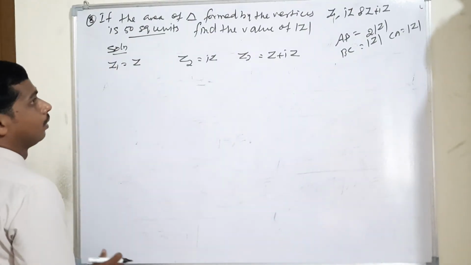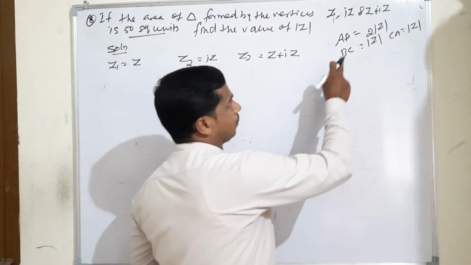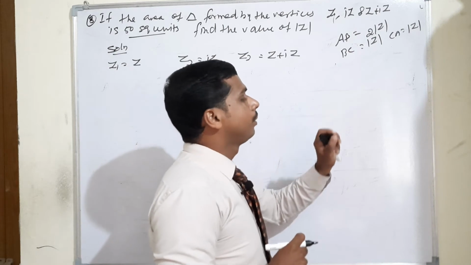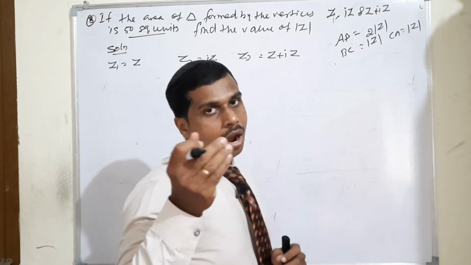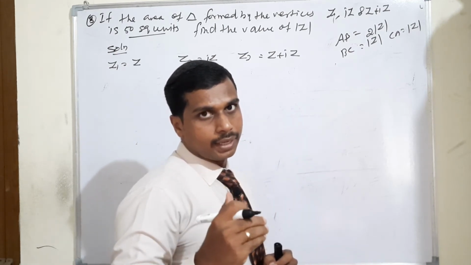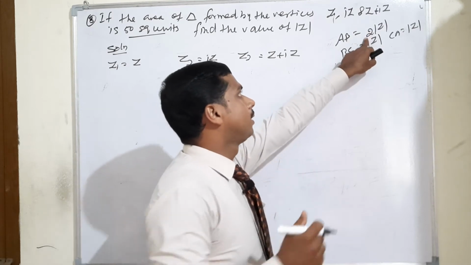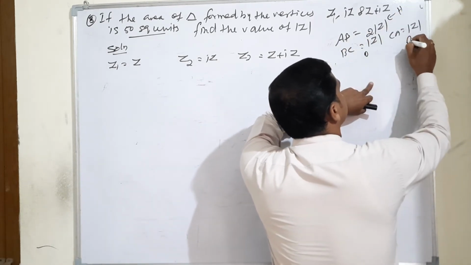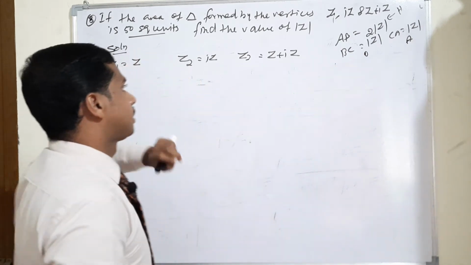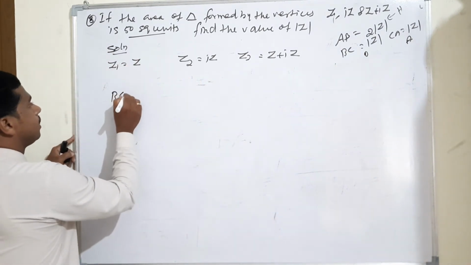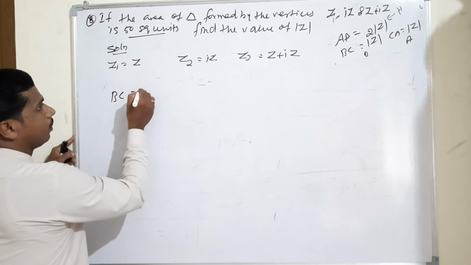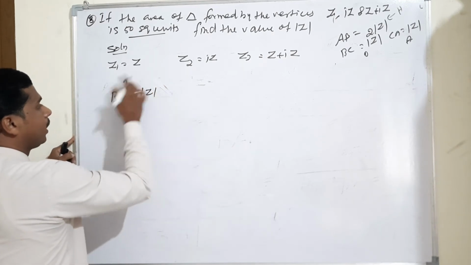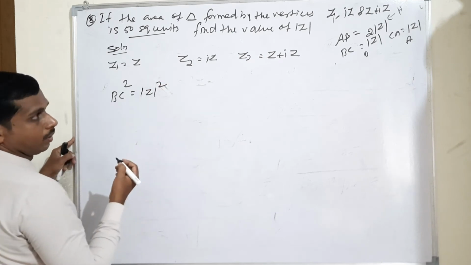So now look there, for a right angle triangle the sum of the squares of any two sides equals the square of the biggest side, the hypotenuse, with one side opposite and another adjacent. So let us check it. BC is equal to mod Z. BC square is modulus of Z square.